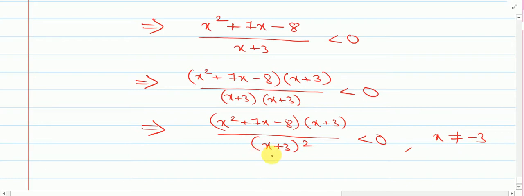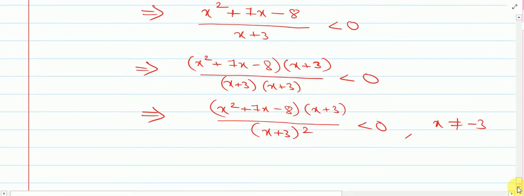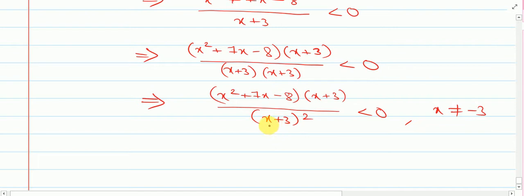So obviously this denominator cannot be 0 now, because we are not taking x equal to minus 3. So this will always be a positive number. That means the numerator part is less than 0. So this implies that x square plus 7x minus 8 times x plus 3 is less than 0.